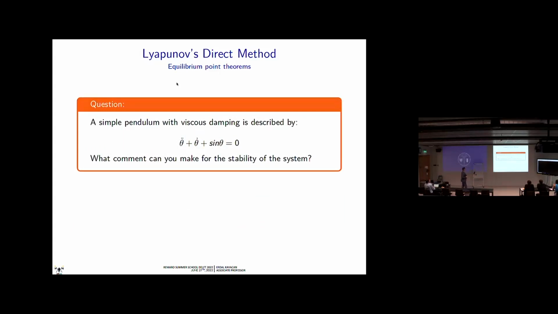Okay, let's talk about this system. Is it linear or nonlinear? What do you think? Yes? Nonlinear. And the nonlinear term is the sine of theta, right? It's not a linear term. Okay, what comment can you make about the stability of the system?